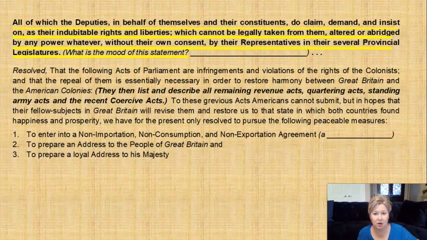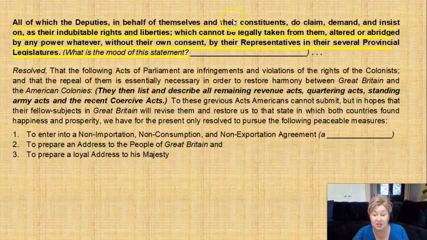James the tyrant disappears, William and Mary come to the throne, and Parliament presents them with the English Bill of Rights, and they, in that document, say, look, we claim, demand, and insist on our rights and liberties as Englishmen, because they're not going there again. It's the same language you see here in this declaration coming from the representatives of the 13 colonies.